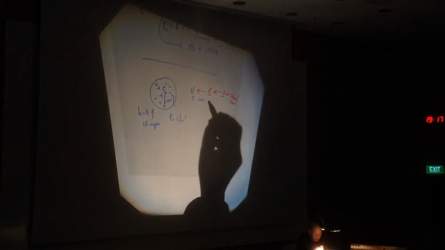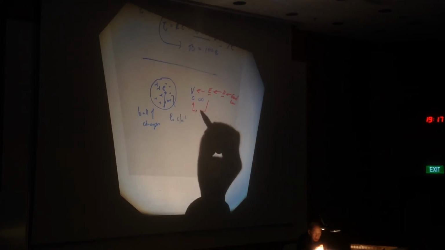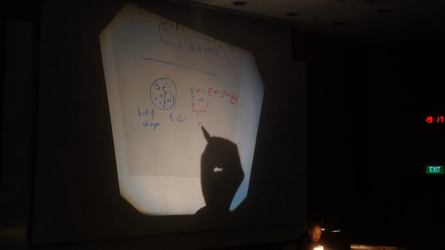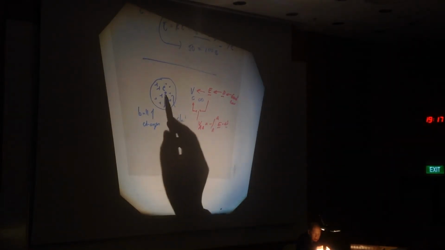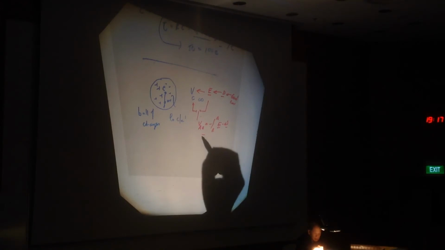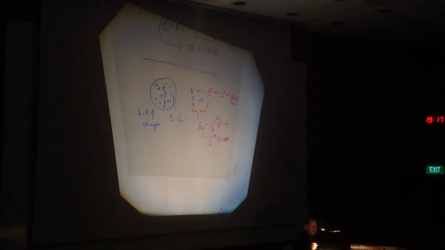So to go from electric field to voltage, I have to use VAB, which is minus the integral from B to A of E dot dl. Because this fellow has got symmetry, therefore this is minus the integral from B to A of E dr. Right?